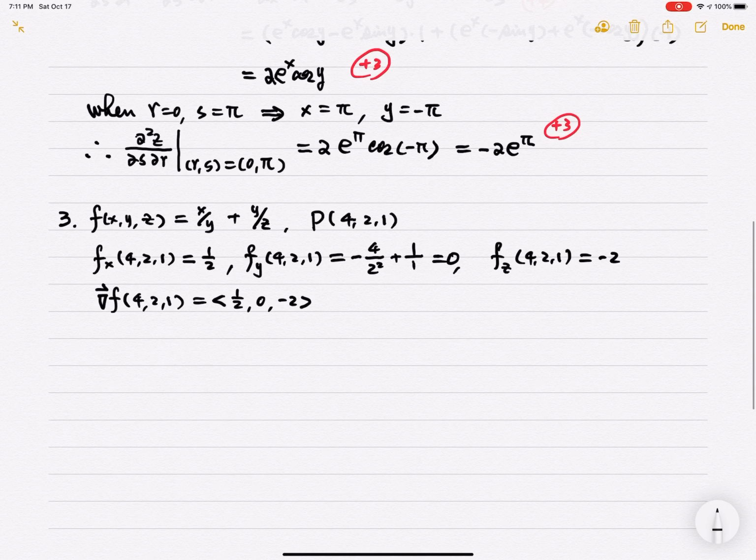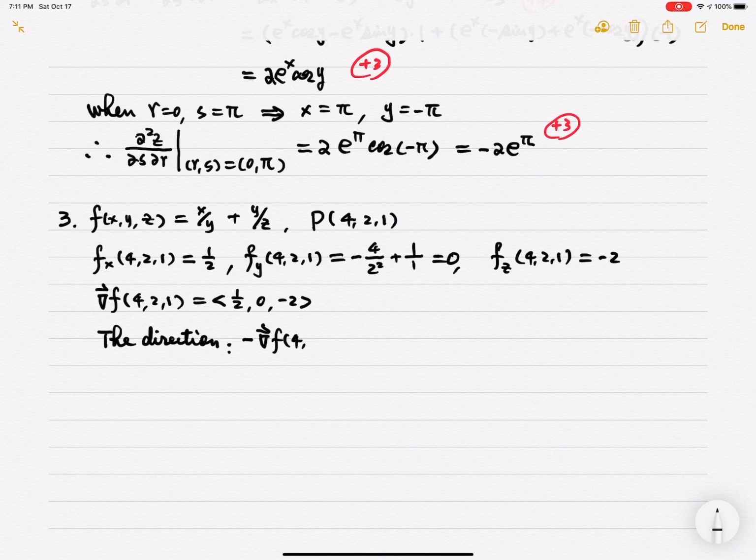Now, the direction in which the function decreases most rapidly is the opposite direction of the gradient vector, right?